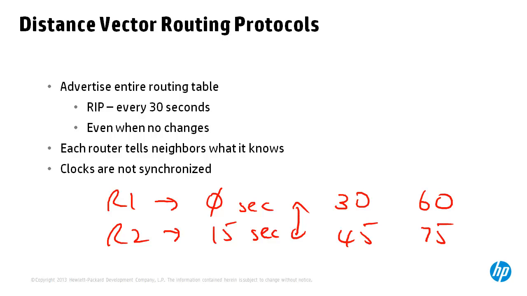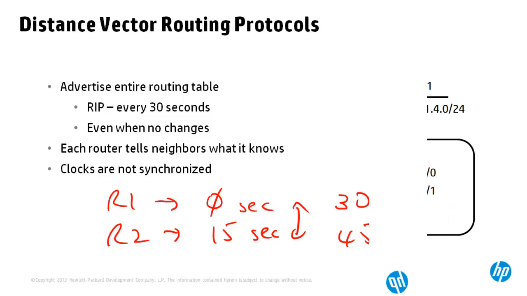Now, what I'm going to show you in the next few minutes are issues caused by the fact that the clocks are not synchronized. The developers of the RIP routing protocol have implemented mechanisms to try and combat routing loops and other issues. So let's look at the issue first, and then we'll look at the mechanisms to stop routing loops.